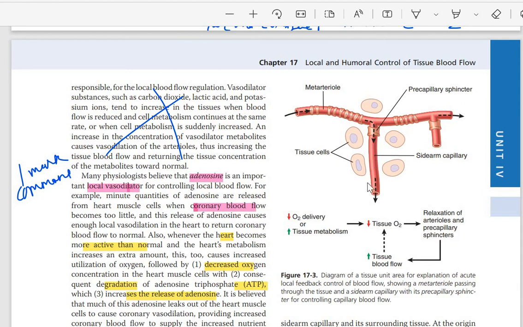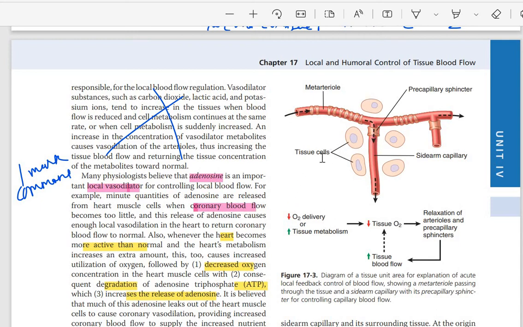Suppose this tissue has a good oxygen content. Because of this tissue oxygen, the muscle also has a good oxygen content. So the muscle will be contracting, the sphincter will be closed, so blood flow is less.